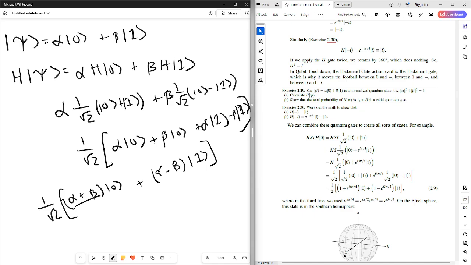Actually, let's distribute this back in. Alpha plus beta over square root of 2, alpha minus beta over square root of 2.